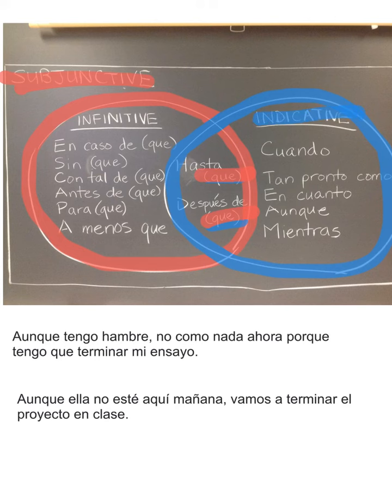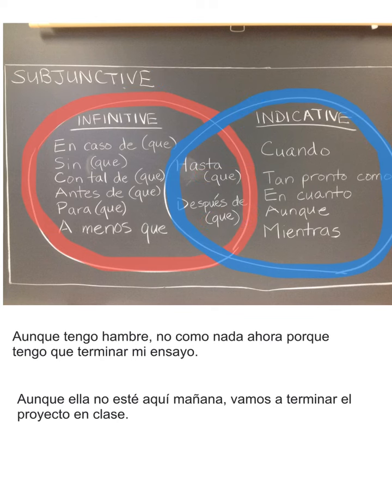So that depends on whether it's something that is going to happen, hasn't happened yet, you would then use subjunctive, or something that already happened or happens regularly. In those two options you go with the indicative.